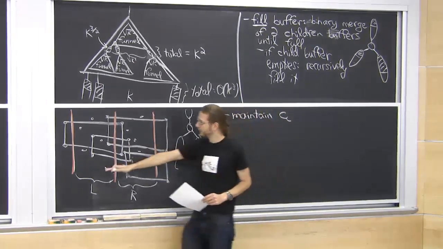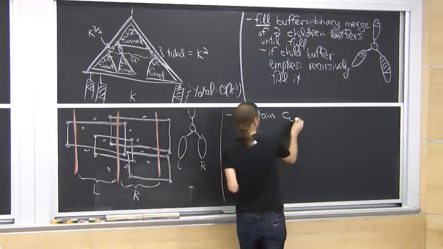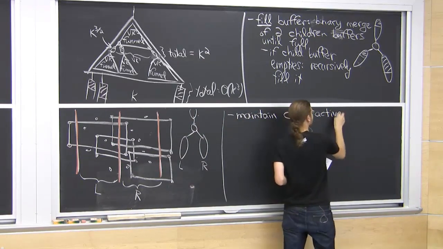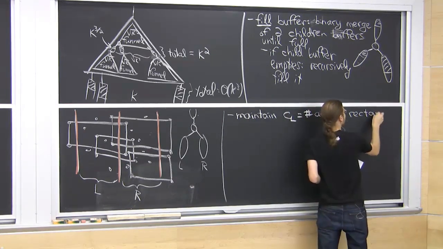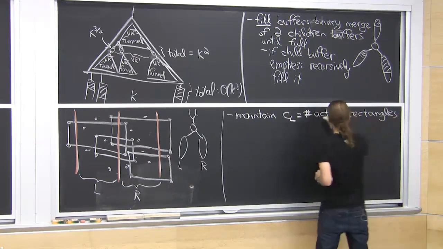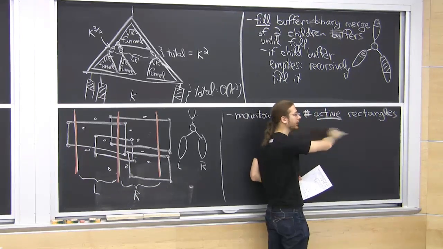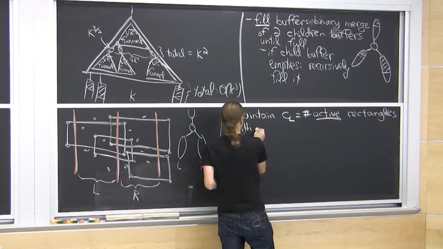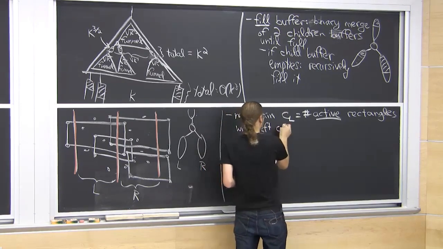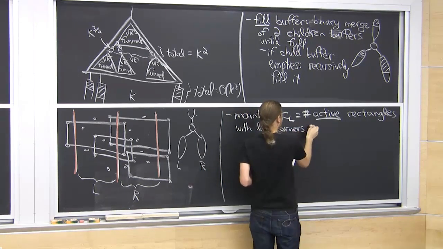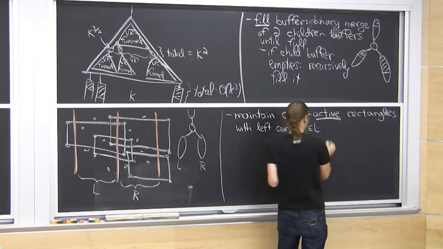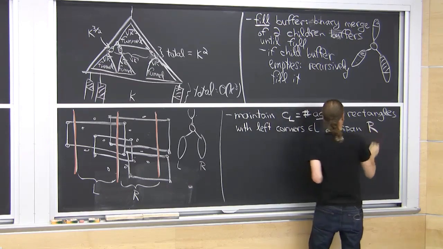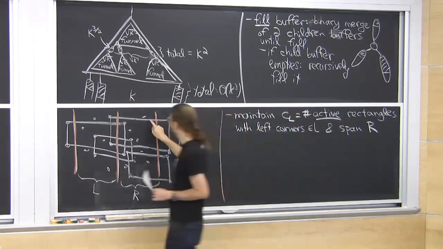As we have a horizontal line sweeping up, we want to maintain the number of active rectangles, where active means it's currently being sliced by the sweep line, that have left corners in L and completely span R. So that's these guys.